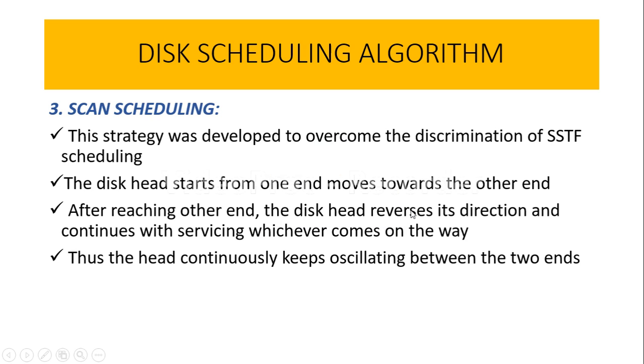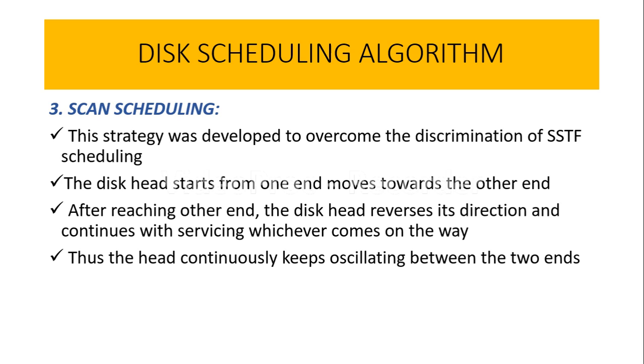Hello everybody. Now again in continuation with the disk scheduling algorithm, let us discuss the scan scheduling algorithm. This scan scheduling algorithm can be used to overcome the drawbacks of shortest seek time first scheduling.